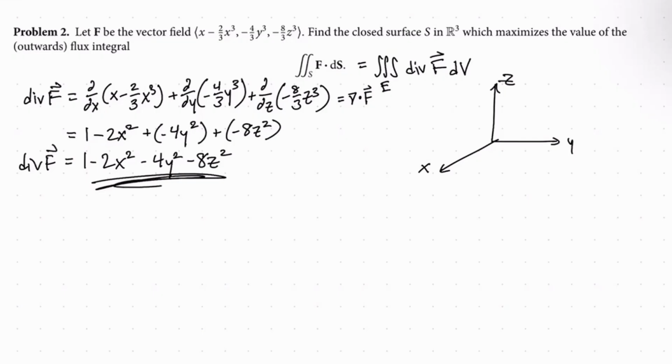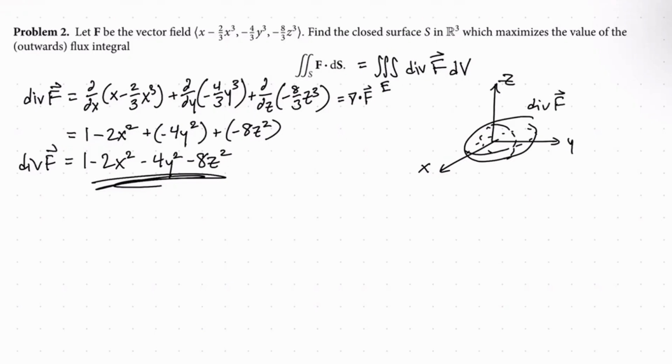So it's going to look something like this, where there are ellipses all over. So it's kind of like a sphere, but like you stretched it out on one end. So that's our divergence of F.